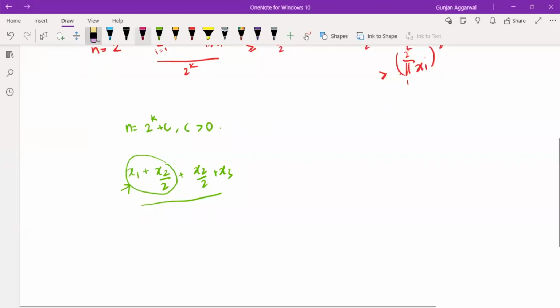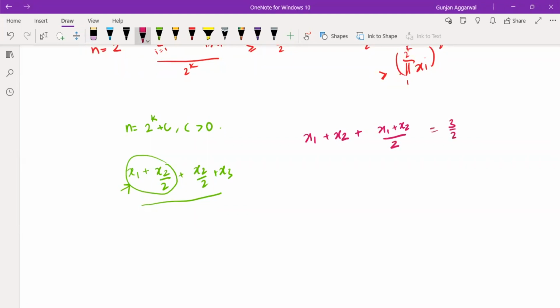Basically, maybe x1 plus x2 plus x1 plus x2 by 2.